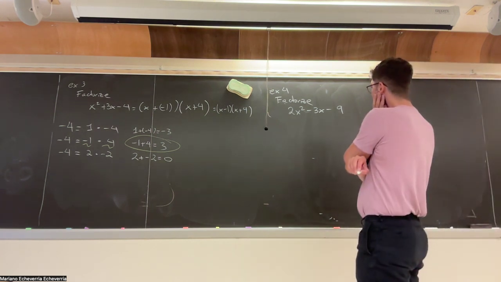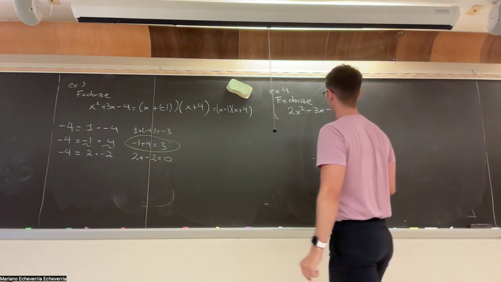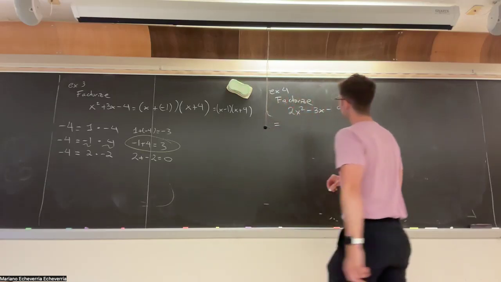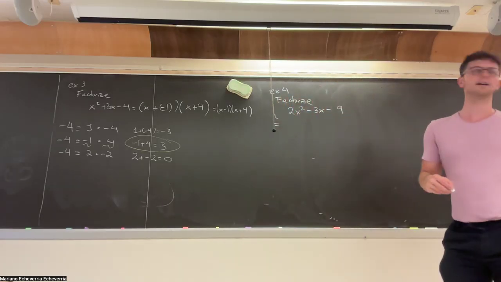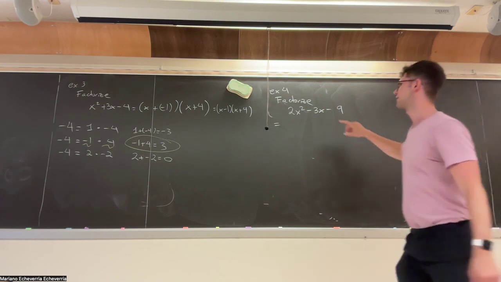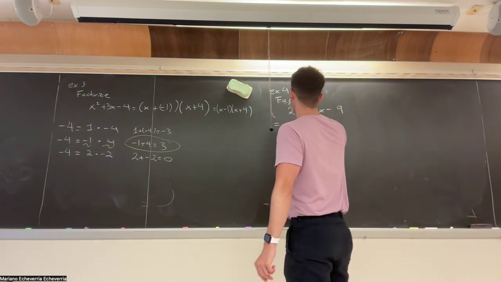So what you can do first is a useful trick to artificially make this a coefficient of one, which is the following.